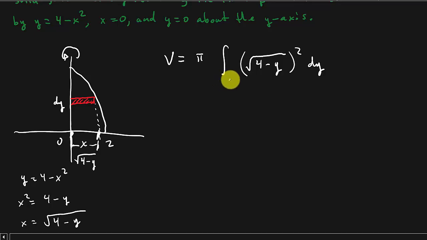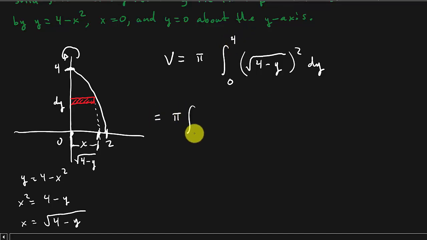Are we going to integrate from 0 to 2? No, we're not integrating from 0 to 2 because 0 to 2, that's the x values. See, we're in terms of y, so we need to go from 0 to whatever that y value is. Well, what's this y value? If I plug 0 in for x, I get 4 for y. So I'm going from 0 to 4.